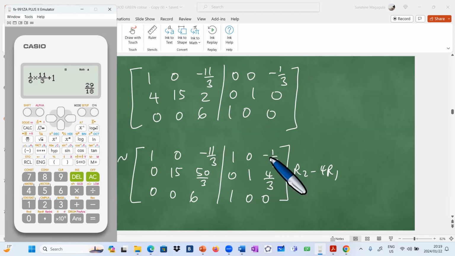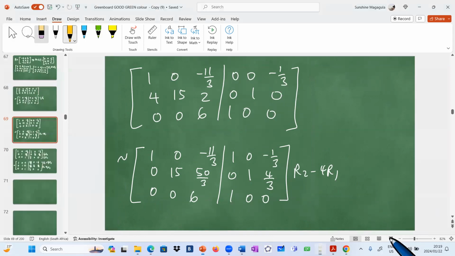Okay, yeah, there's a small error here because this is 0. This is 0, but it was accidentally written as a 1 here. See, it's 0, 0, 1, 3. Okay.